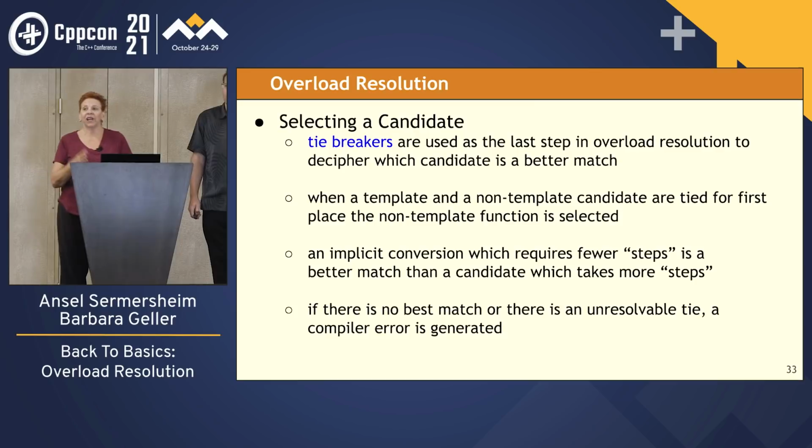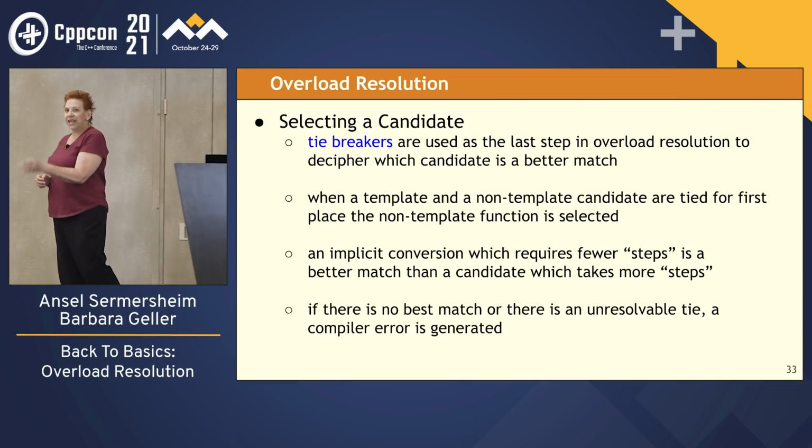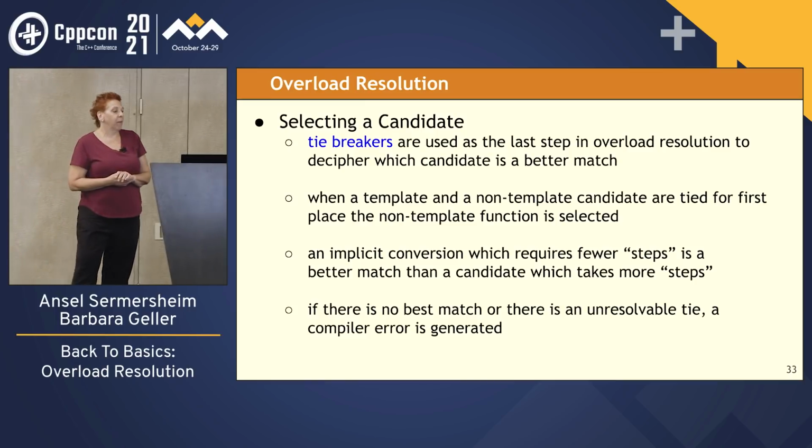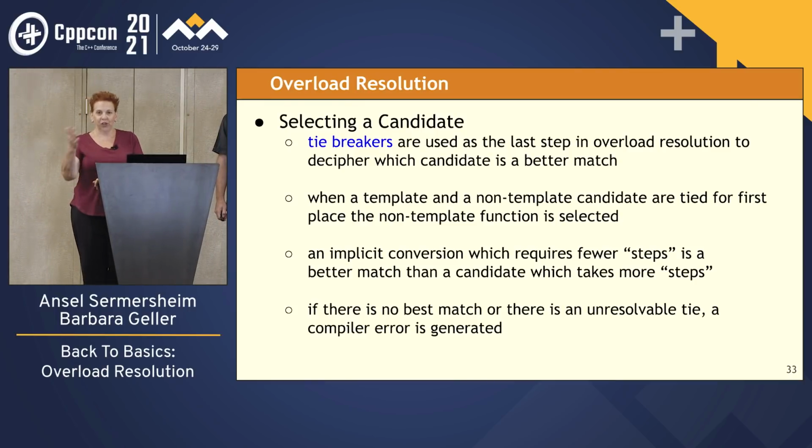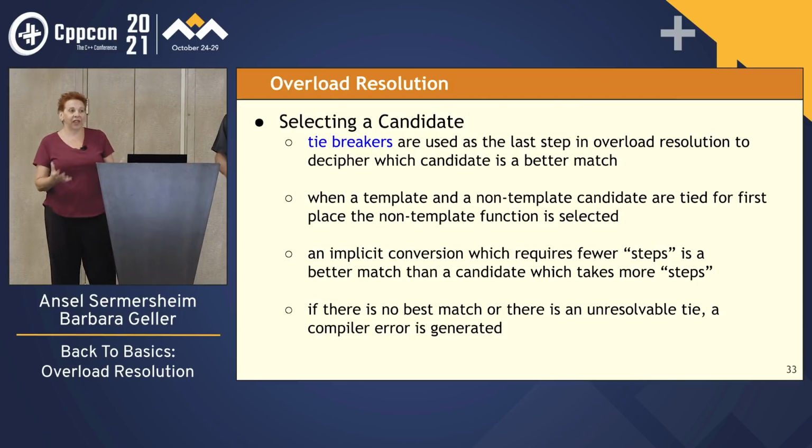What's also important, and I think this addresses possibly one of the online questions, is that with implicit conversions, what we're looking at is how many steps it takes. Because if something takes fewer steps, that's what's going to win. And we do have some examples that will show that. And if there's no best match and it can't be resolved in a tiebreaker, you will get a compile error. And then you need to resolve that.